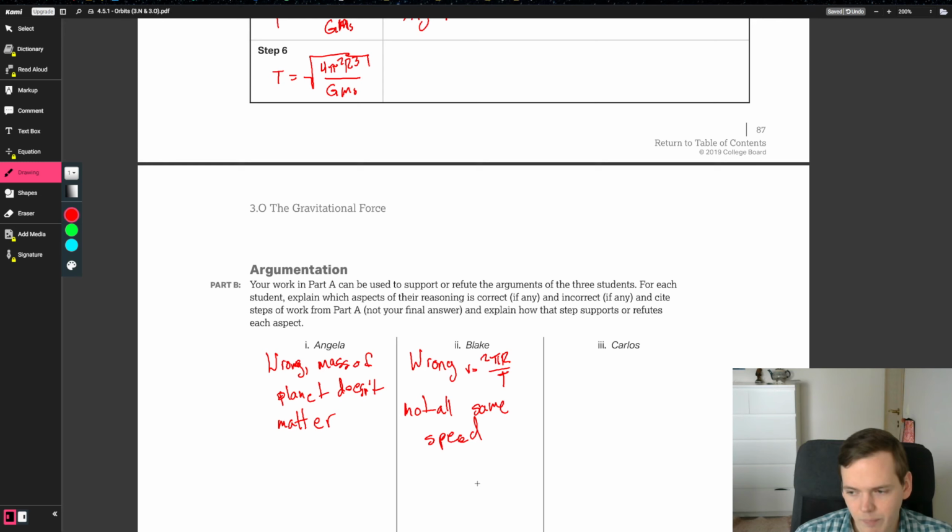So the bigger the radius, the bigger the speed. And he's just assuming that the speed has to be the same, but we don't see that anywhere. We just see that if you have a bigger radius, then you'll have to have a bigger speed or a bigger time. We don't know which is necessarily the case.